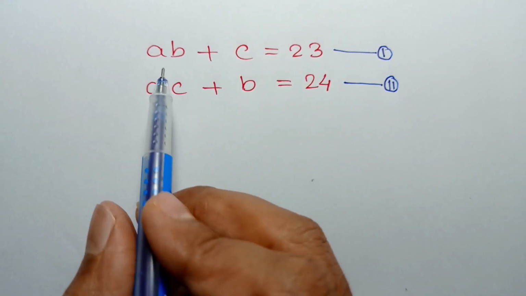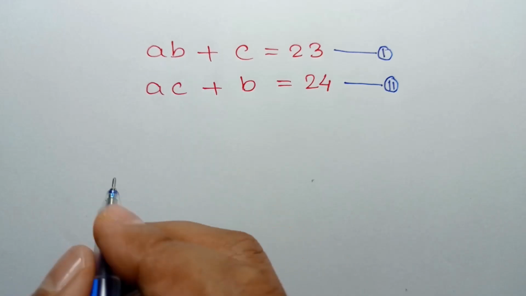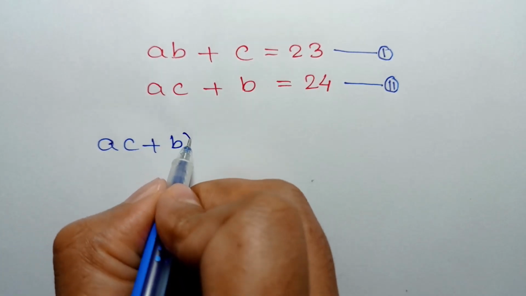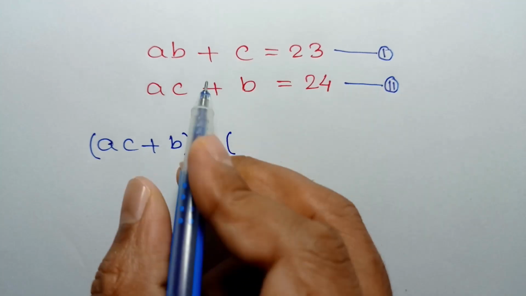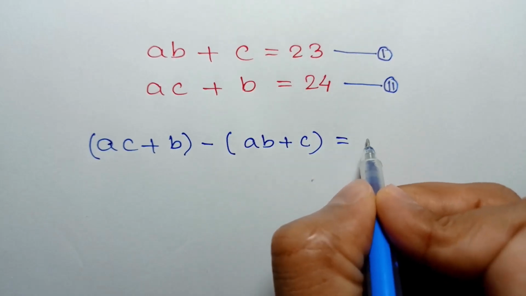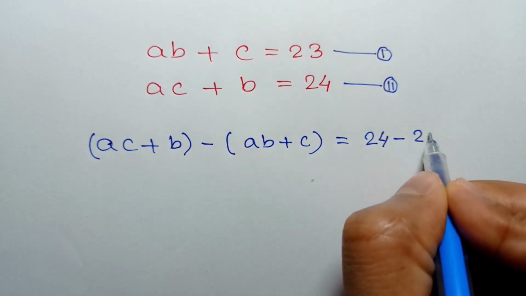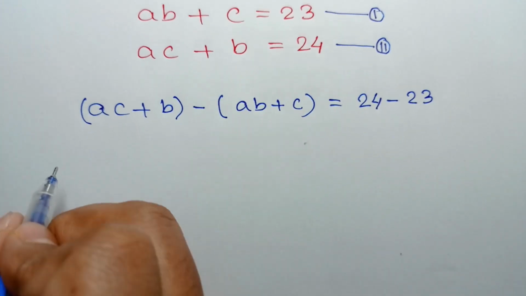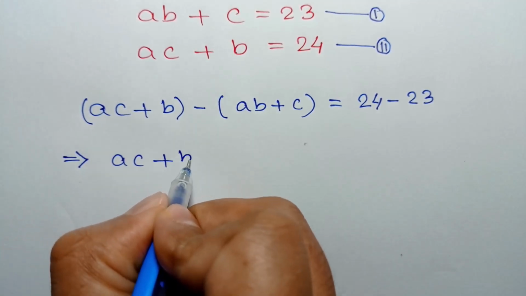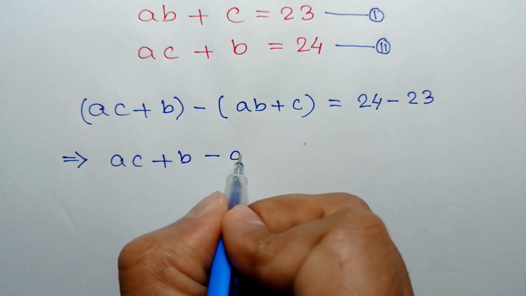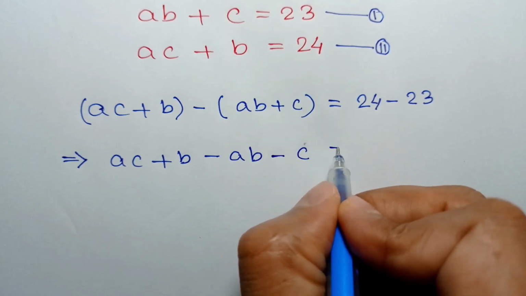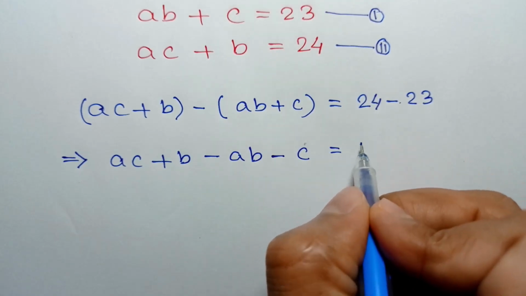If we subtract equation 1 from equation 2, we can write AC plus B minus (AB plus C) is equal to 24 minus 23, or AC plus B minus AB, and plus times minus is minus, C is equal to 24 minus 23, which is 1.